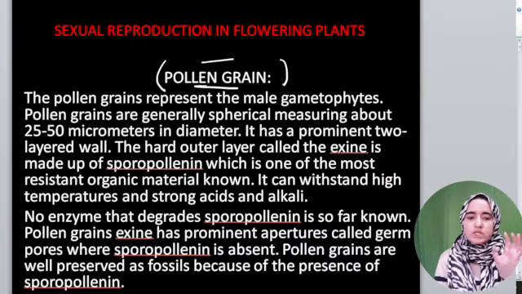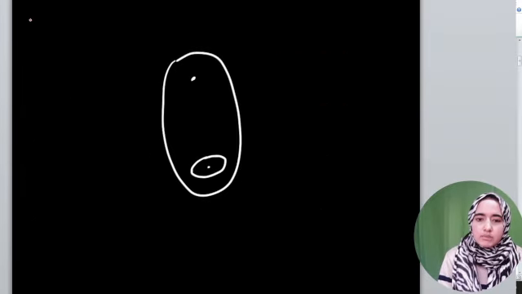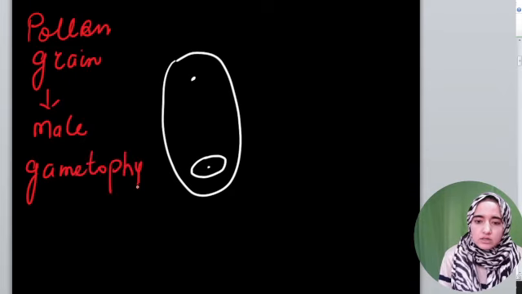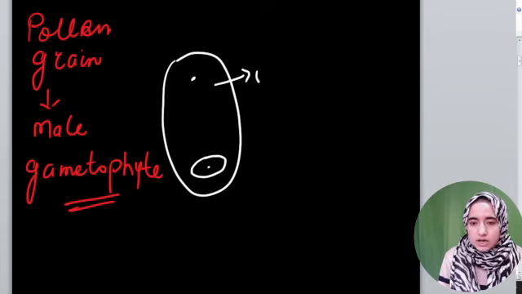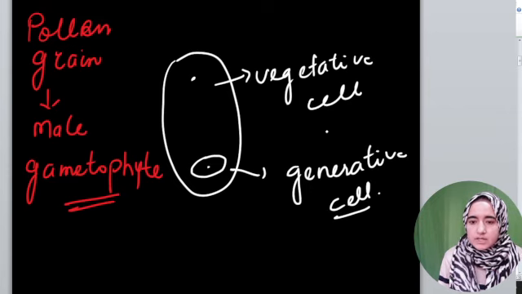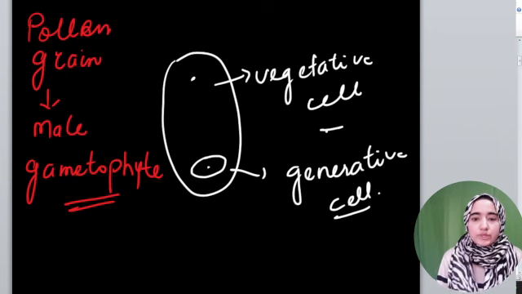First of all, you will remember, as I already mentioned, pollen grain is a male gametophyte, not a male gamete. Male gametophyte means which carries male gametes. It contains two cells. The larger one is known as the vegetative cell, and the smaller one is known as the generative cell.